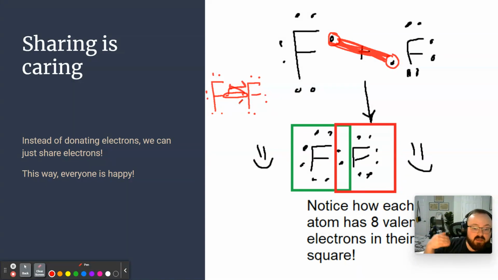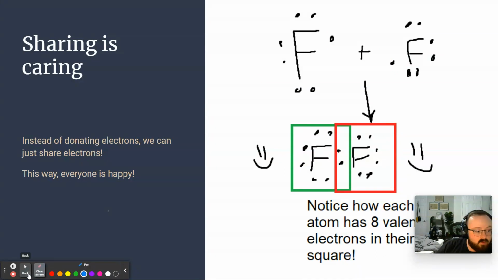Each one of these atoms gets access to that valence electron. They are shared. If we look at this atom, it looks like it has 8 valence electrons. If we look at this atom, it looks like it has 8 valence electrons. So one electron is shared from each atom to the other atom, and this is called a covalent bond.